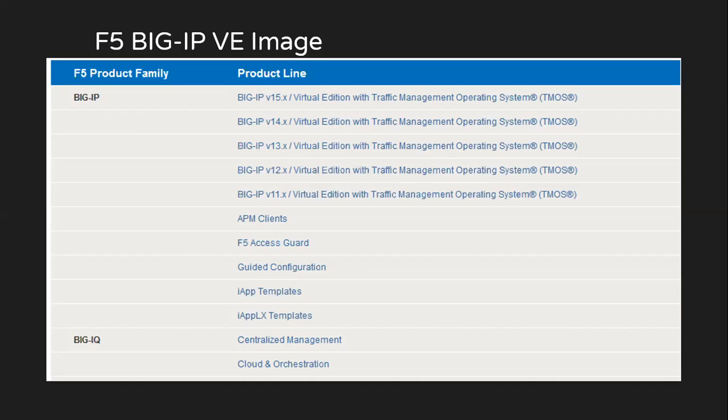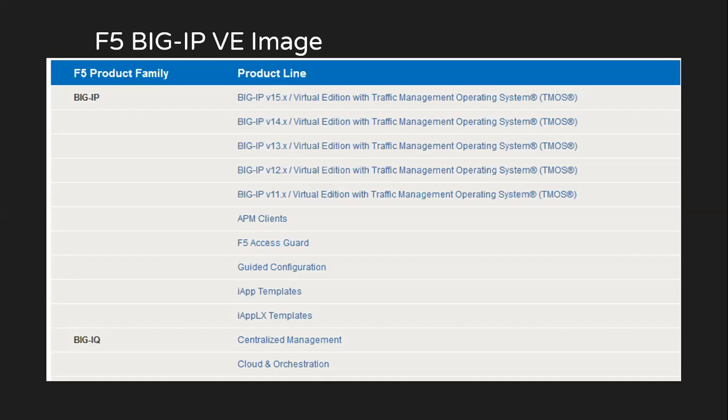I'll be mostly interested in BigIP as well as BigIQ. So to start with, in BigIP, I will see different versions of images available. For my case, I'll be going with BigIP version 15.